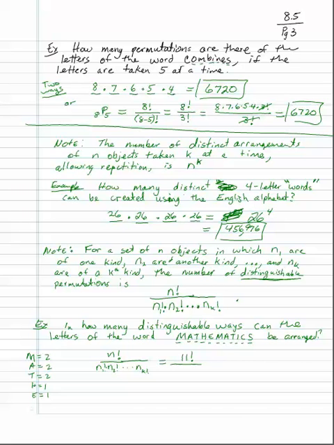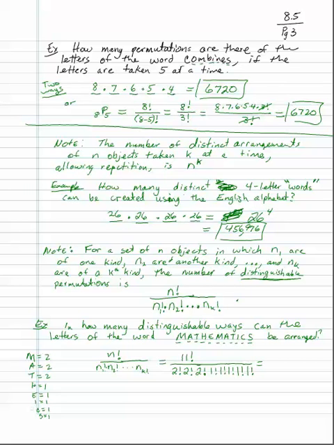I, there's 1, and C, there's 1, S, there's 1. Just making sure I got them all. So we're going to go 2 factorial times 2 factorial times 2 factorial times 1 factorial, 1 factorial, 1 factorial. I don't really need to write the 1 factorials. I'm just emphasizing the formula.